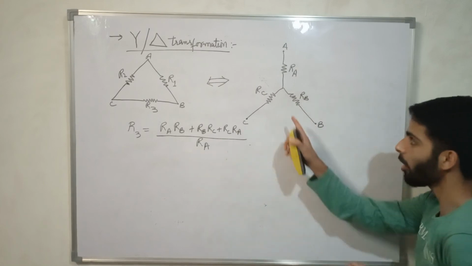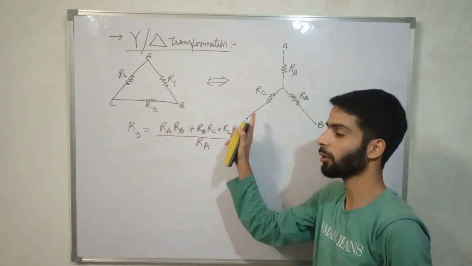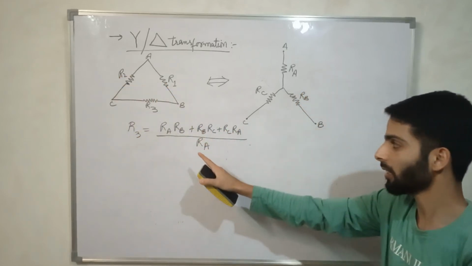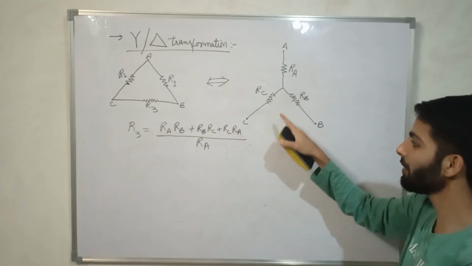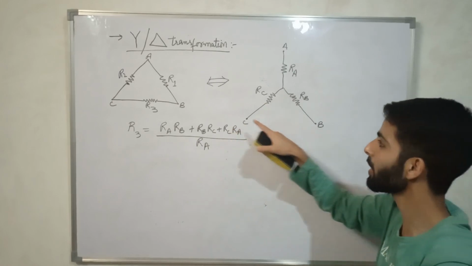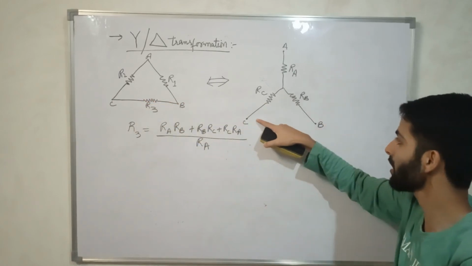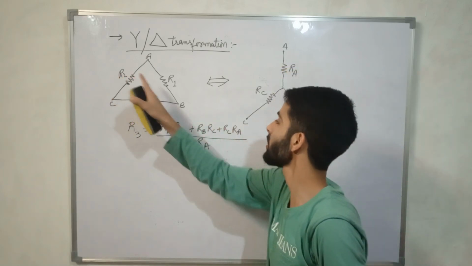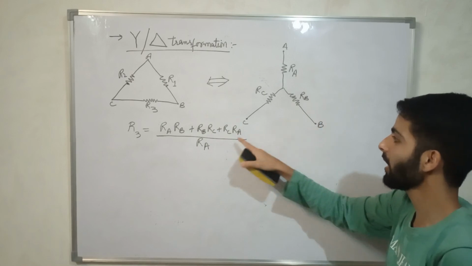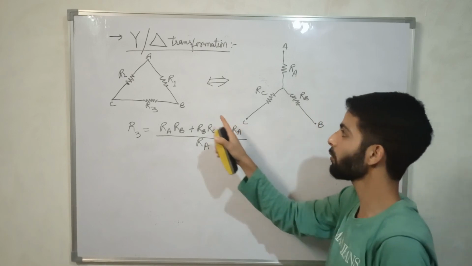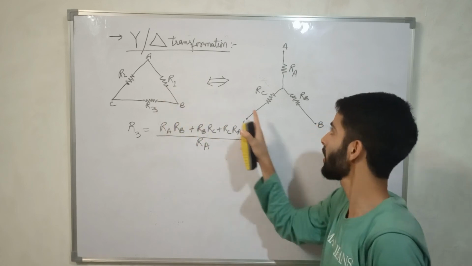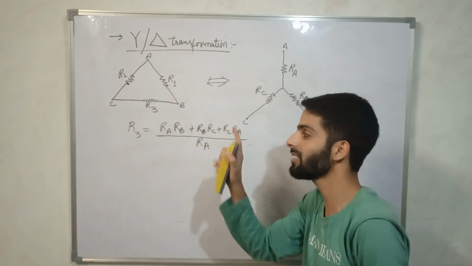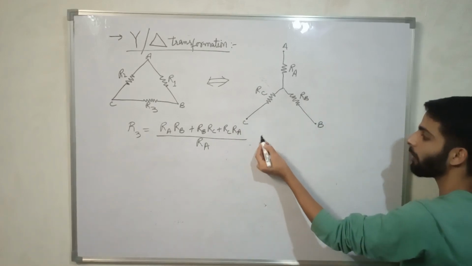Similarly, the numerator will be the same for R3, R1, R2, but the denominator will change accordingly, which is opposite to the R3 branch here. In case of R2, the denominator will be RB, and if we have to find R1, the denominator will be RC, the numerator will be the same.